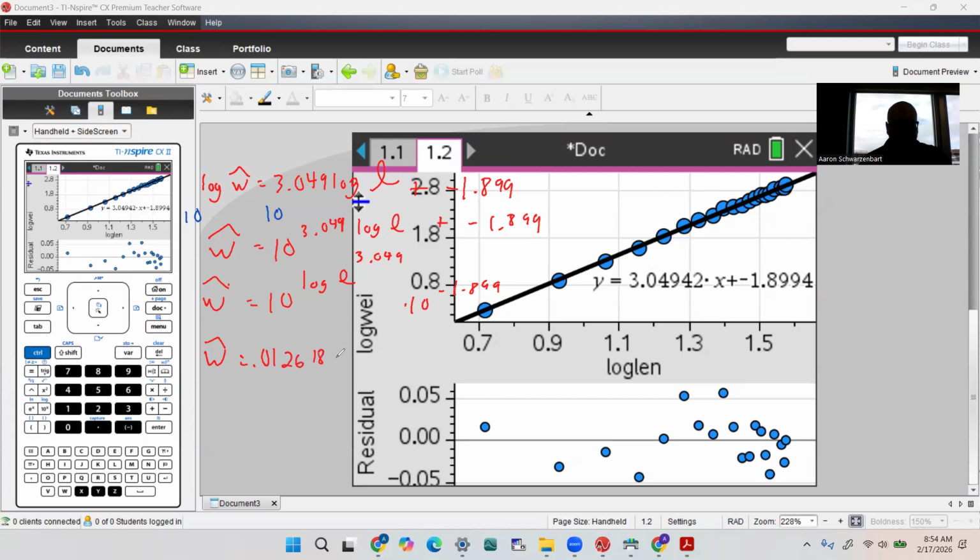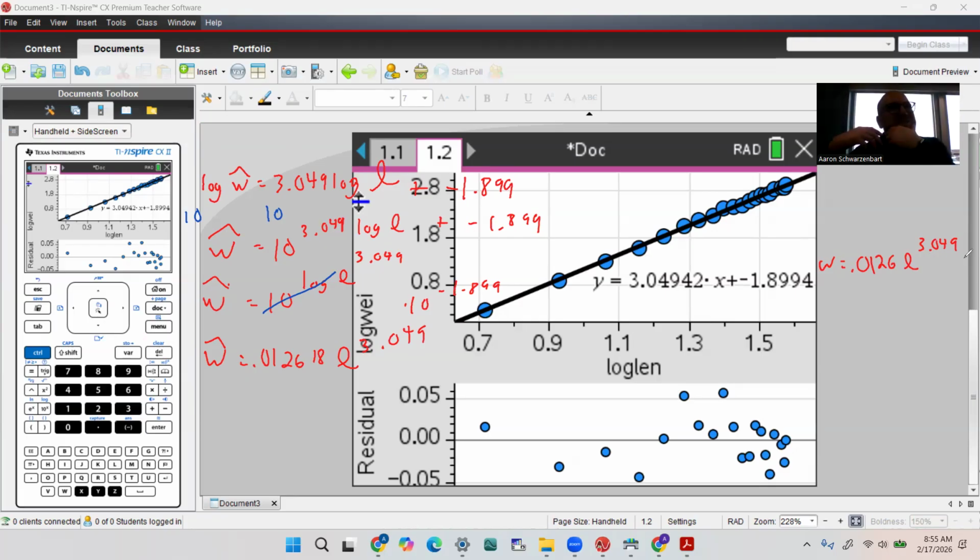Okay. Then these are going to cancel. So L to the 3.049, or W equals 0.0126 L to the 3.049 is my power law equation.